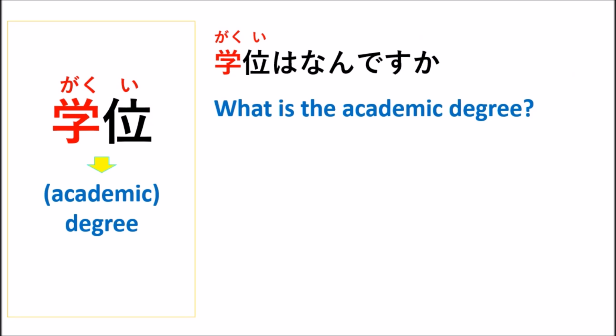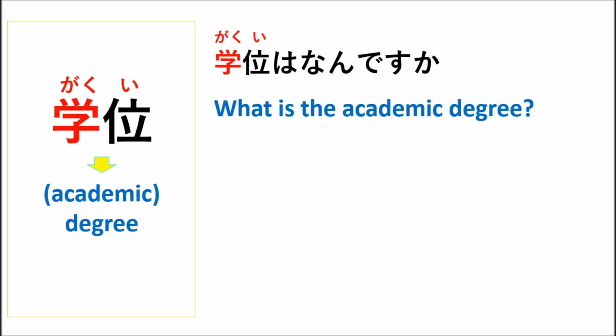When you want to answer this question, you can answer like 学位は大学です。Right? 学位は大学院です。Right? 大学 means university. If you graduate from the university, it means you take 4 years, right?